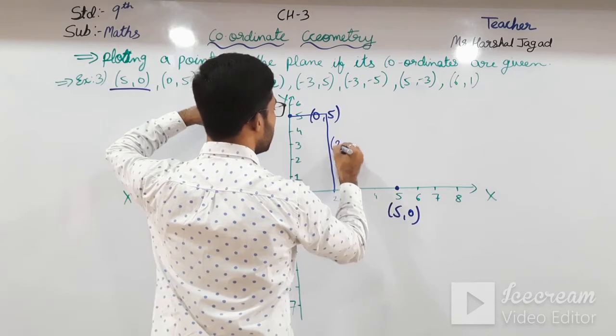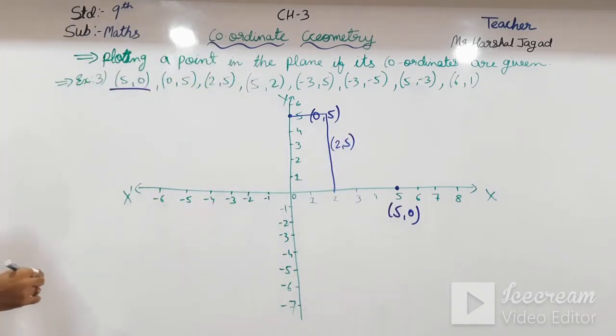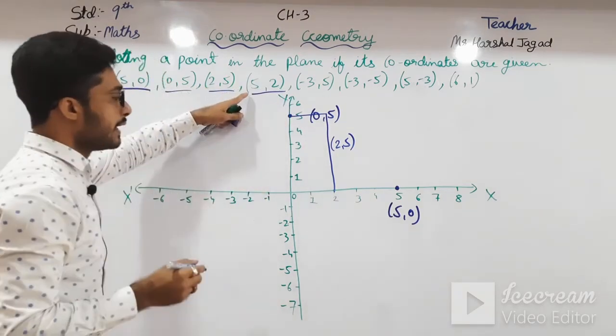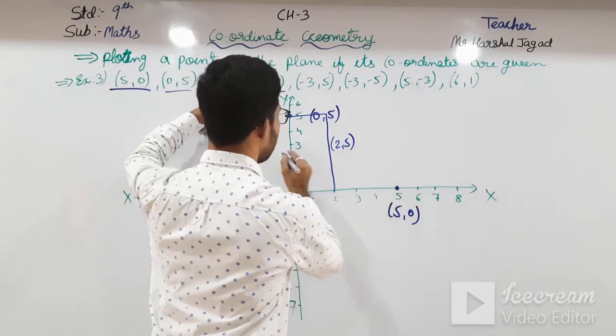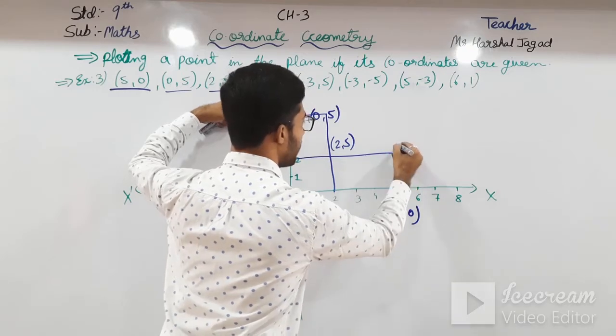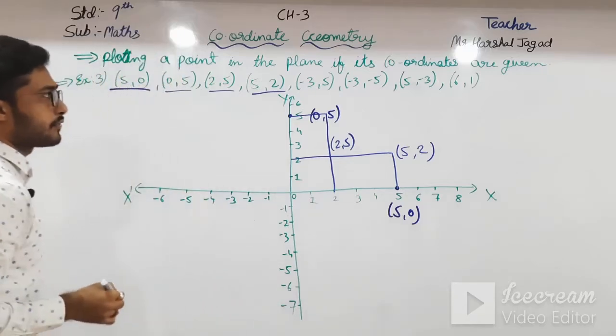So that is 2, 5. Okay students, that is 2, 5. Now moving towards 5, 2. On the x-axis it is 5 and on the y-axis it is 2. So this point is over here, that is 5, 2. Okay students, that is 5, 2.